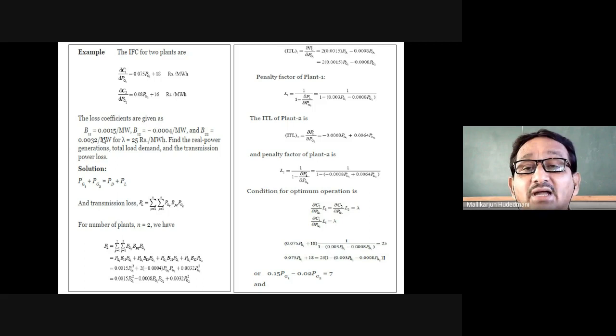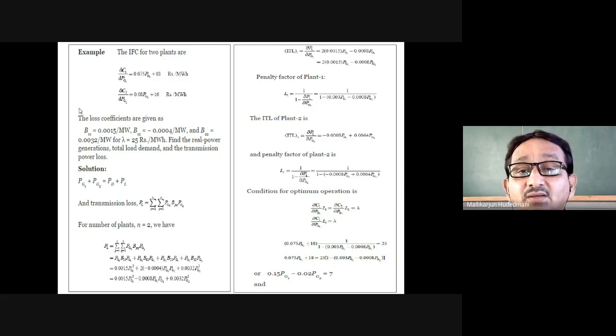Therefore, to calculate that, we require an equation. We know that the equation for penalty factor is Li equal to 1 over 1 minus dou PL by dou PGi. Definitely PL is required for me, and dou PL is required later. In that context, we need to write first what is PL in this system.